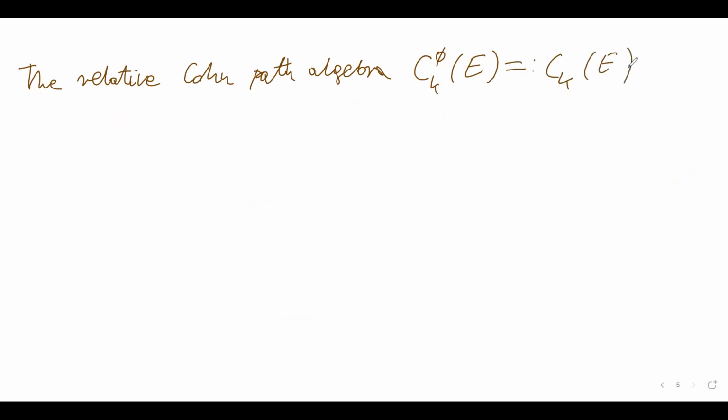So that's the absolute, the Cuntz path algebra. So this is called simply the Cuntz path algebra, without the relative.